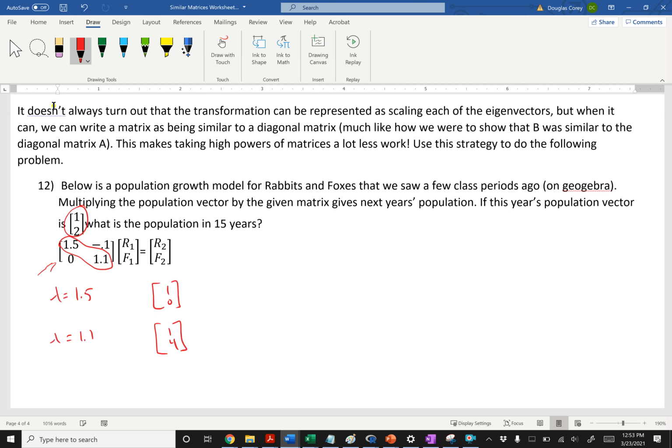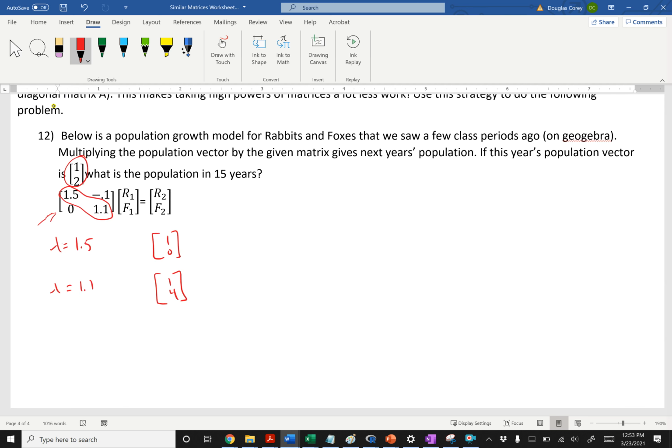Okay, so now I can think about this matrix [1.5 0; -1 1.1]. I'm going to write this diagonal matrix first, made with our eigenvalues.